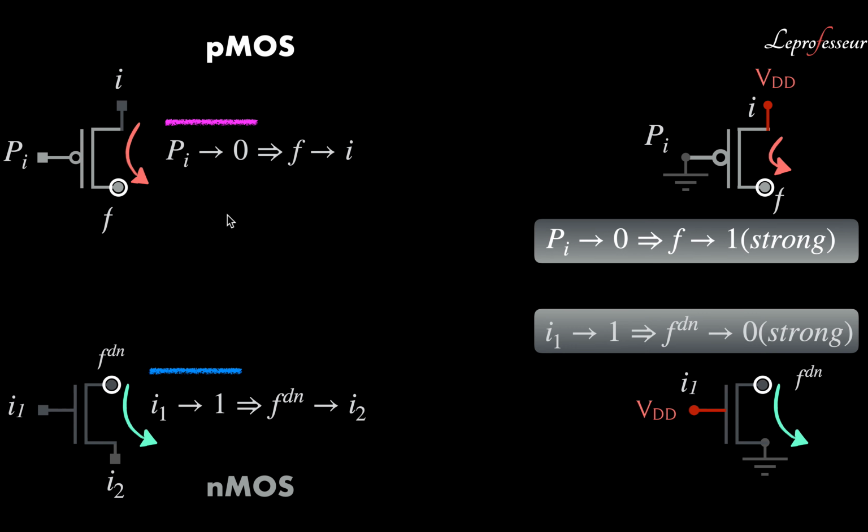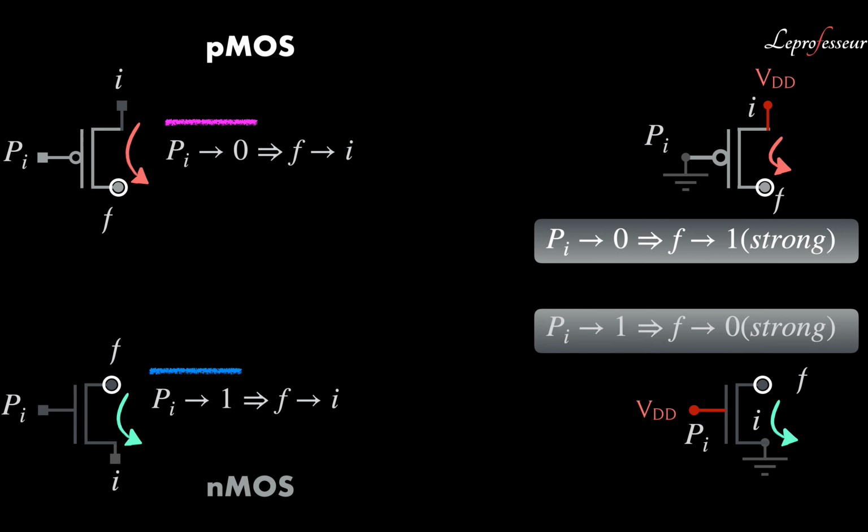Similarly, we can formalize for NMOS that on the NMOS gate, we have a valve. Once this valve is on, electrons will flow through this pipe. Or in the water analogy, water will flow when the valve is on, and when the valve is off, water will not flow.